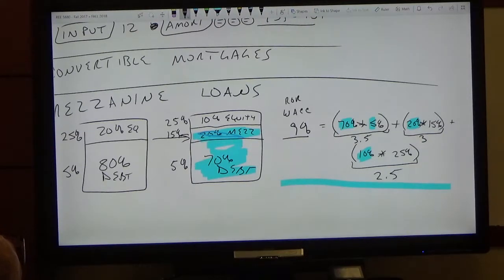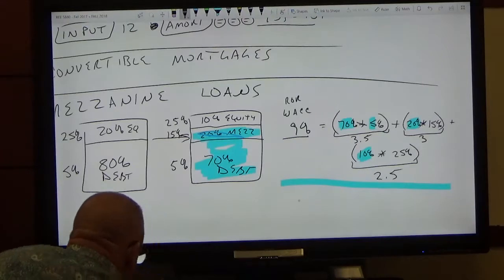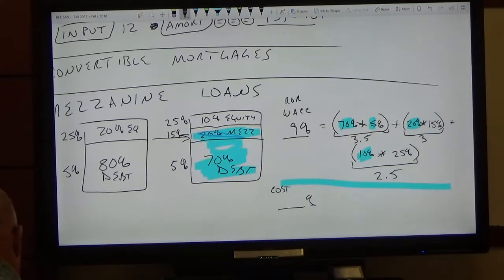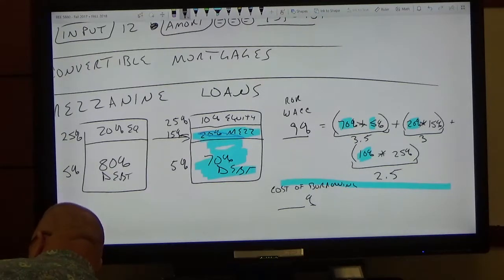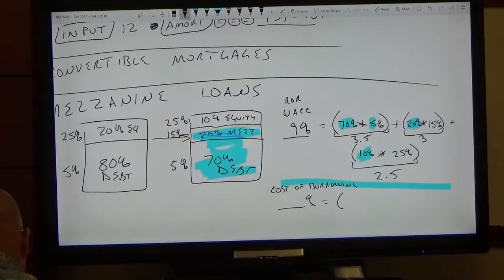Okay, so for those, cost of borrowing, you're simply going to take 70% times, in this case, 5%, plus 20% times the 15%.